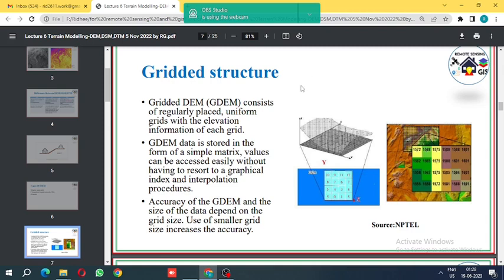That cell here we call grid, and each grid will have information of the elevation. It's just a simple matrix. If this is my DEM data, this is my x, this is my y, and this is my height information. In raster we say cell, but in case of DEM we call it grid.